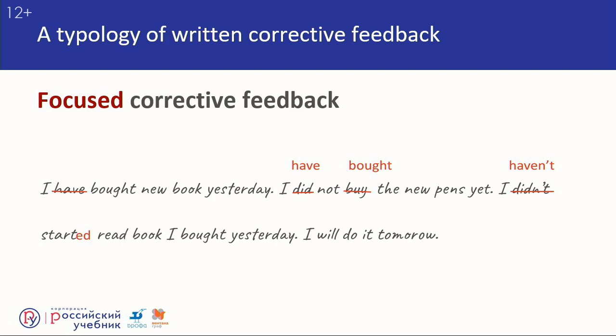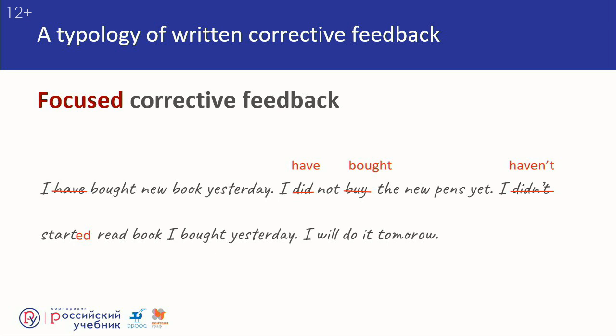So I corrected, obviously, only some of the mistakes that our learner made when producing this piece of writing, and I must admit that I didn't miss some of them. I skipped them on purpose, right?